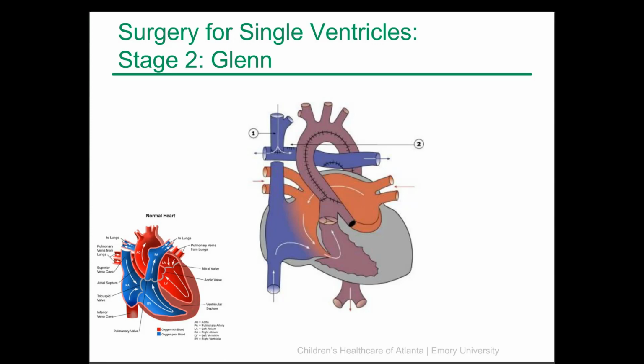So first of all, why don't we just do this as the first procedure? Why bother with that whole first procedure? Well, the reason is that the lungs, in the first few months of life, still have very high resistance. Remember, in utero, the lungs are filled with fluid.